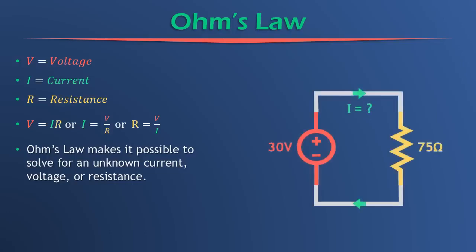So if we have a circuit that looks like this with a voltage source of 30 volts and a resistance of 75 ohms, we can determine the current that must flow through that resistor. That's easy because in this case, I equals 30 over 75, and that equals 0.4 amps.